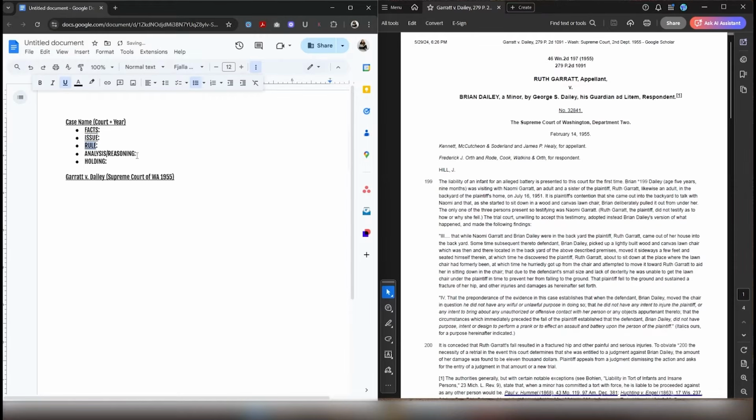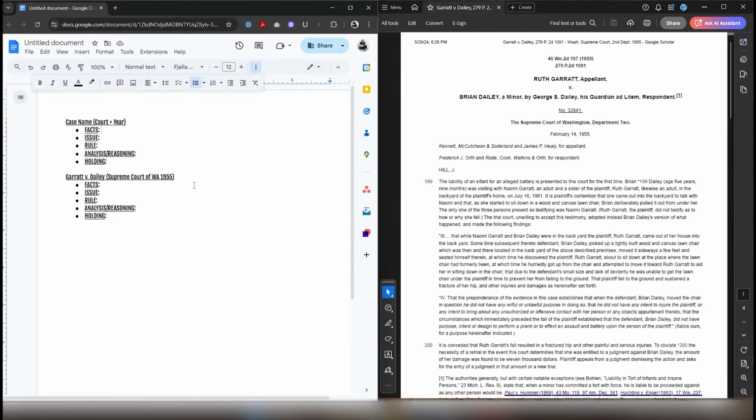And yes, it is an excellent idea to keep it this simplified, this clean. We don't need to get fancy with it. We don't need to create weird formatting for it. This is all we need for our case brief template. Now, if it's helpful for you to have in your case brief template what the explanation of each of these categories is, you definitely can include that.